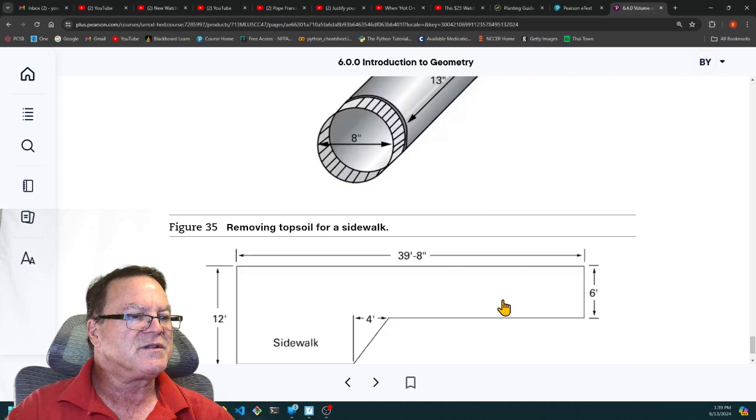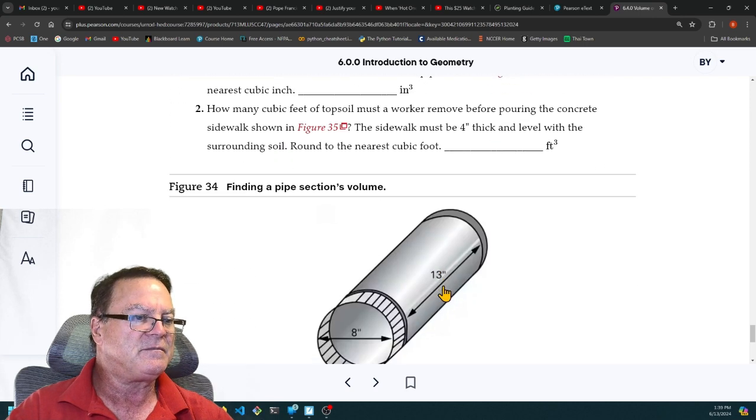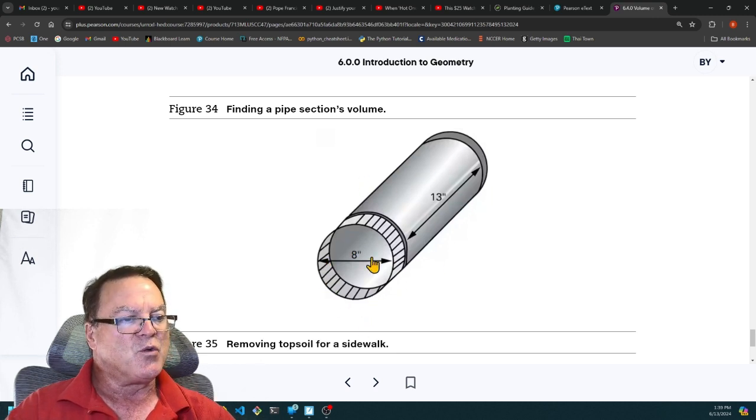Let's see, what does this say? These are practical applications. Calculate the volume of a sheet of metal duct pipe shown in figure 34. Round it to the nearest cubic inch. So they have this pipe, this duct, and it's round. So we have to remember, we're not calculating volume.